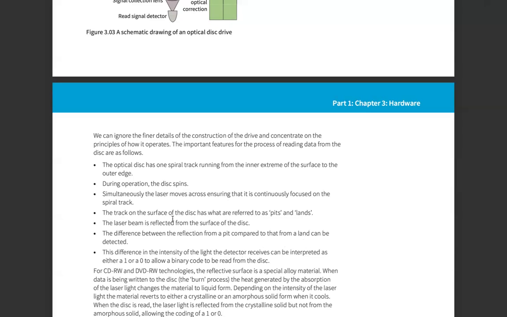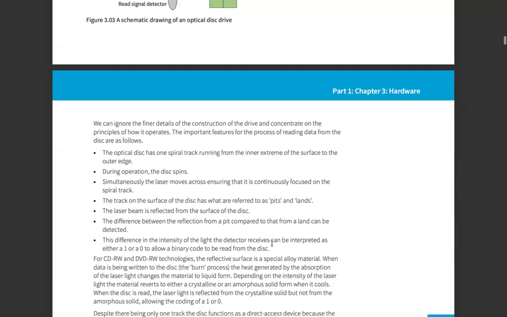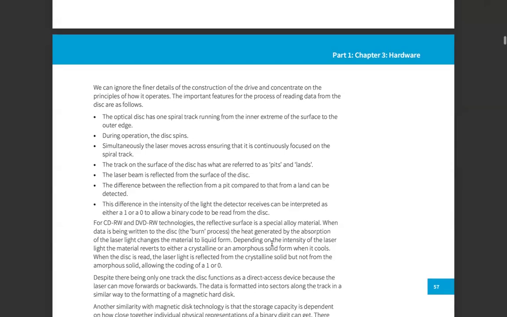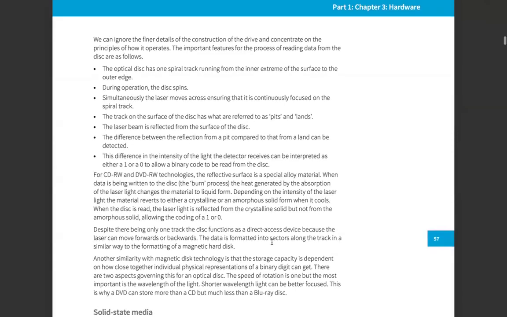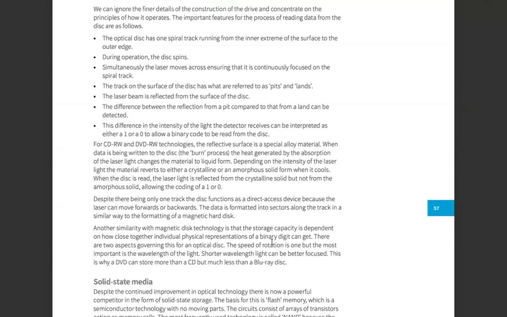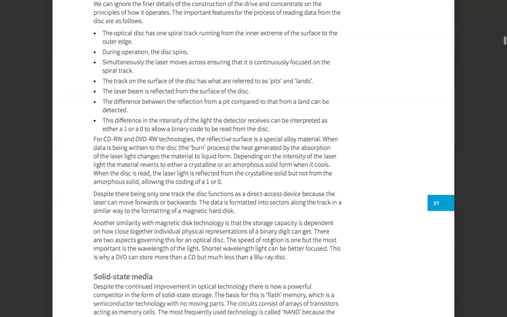This difference in the intensity of the light the detector receives can be interpreted as either 1 or 0. Yes is 1, no is 0, allowing a binary code to be read from the disk. What we read from a disk is only binary codes.